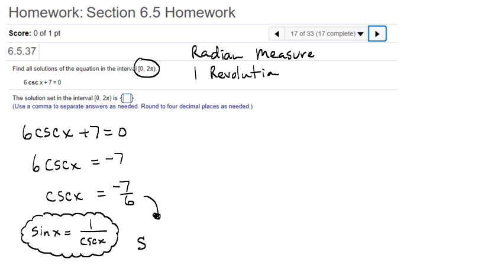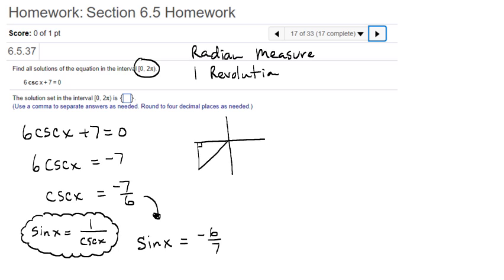Okay, so let's think about this here. The sine function. When is the sine function negative? I think it's negative in quadrant 2? No, 3. There you go, 3, because it has to be below the x-axis. Then also it is negative in quadrant 4, being below the x-axis.